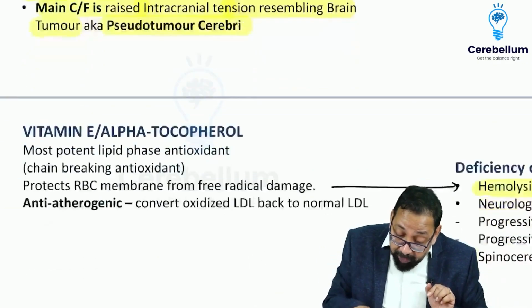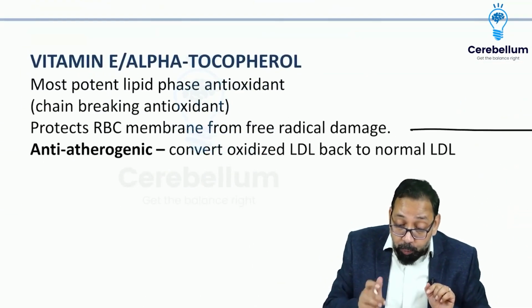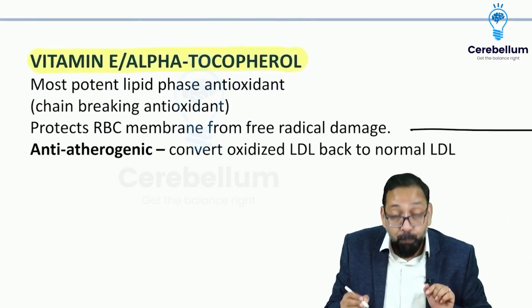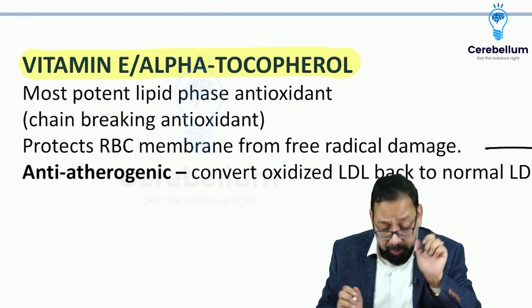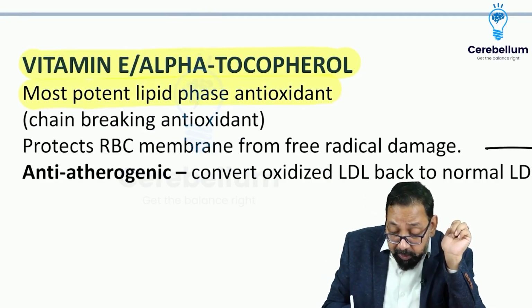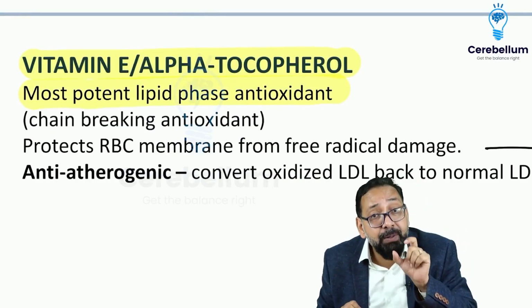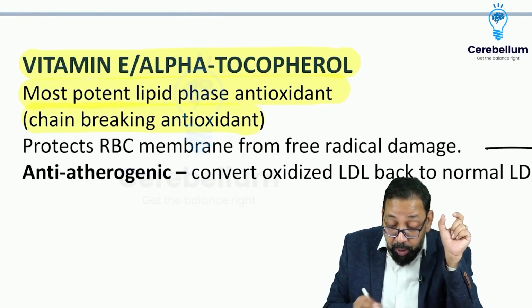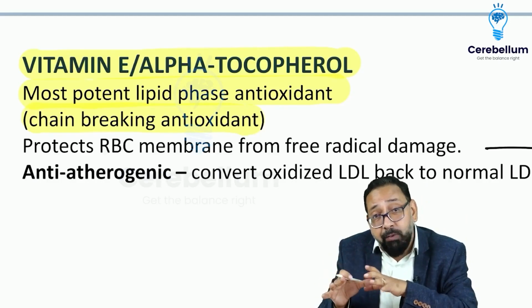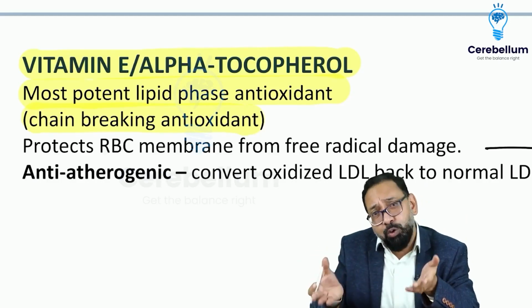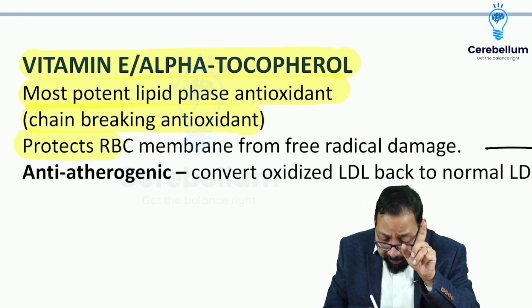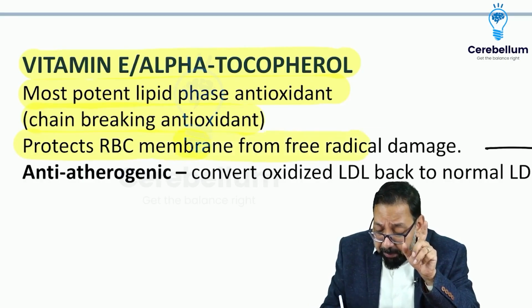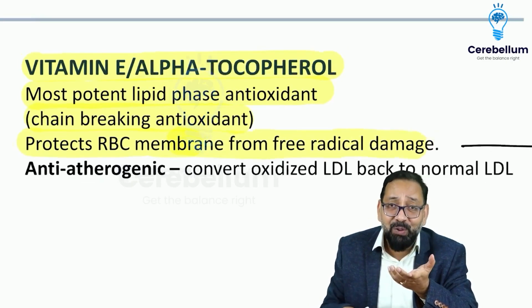Now we come to vitamin E, that is alpha tocopherol. Alpha tocopherol is the most potent lipid phase antioxidant. It is a chain breaking antioxidant. It protects the RBC membrane from free radicals. It is an antioxidant, so it will protect RBC from free radicals. So if vitamin E is deficient, this RBC membrane will not be protected and there would be hemolysis.